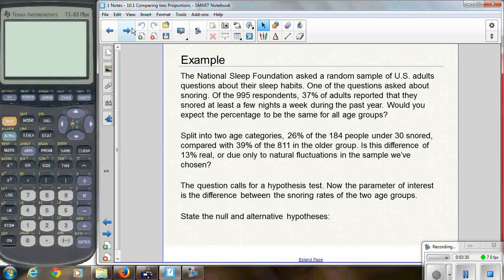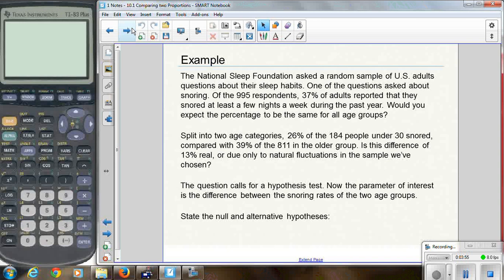If we take that sample and split it into two age groups, we can see that 26% of the 184 people under 30 snored, compared with 39% of the 811 in the older group. What we want to know is whether this difference of 13% is a true difference between the two groups, or something that could have just happened by natural variation.